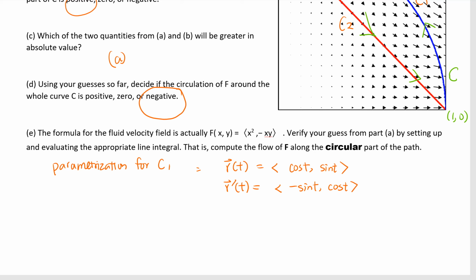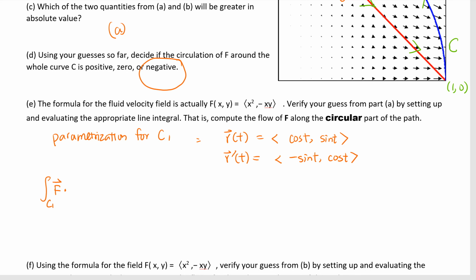And then what is our line integral on the path C1? We use F dot dr equals. Because it's in the first quadrant, our t is from 0 to pi over 2.